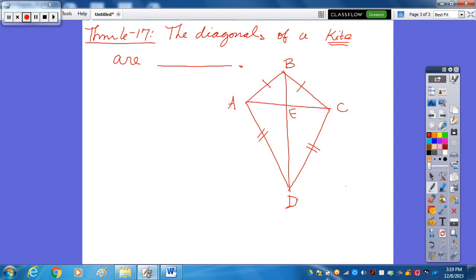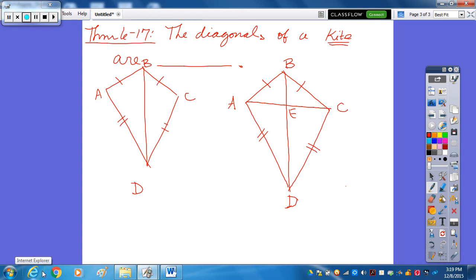But in order to understand what I want you to understand about the kite, I'm going to go ahead and redraw the two triangles ABD and CBD. Okay, and I'll remark them accordingly to what we have over there in the other picture.